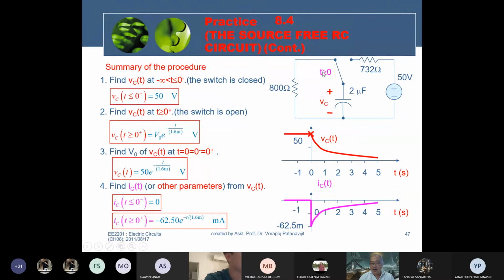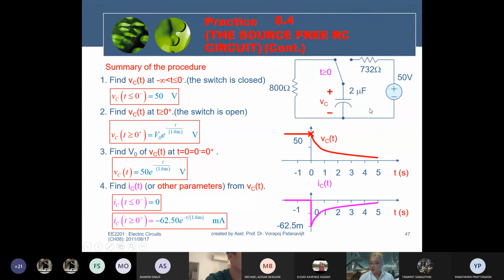Why does it decay? Because in the circuit after the switch is pressed, there is no more energy source in here. There is only electric field energy in the capacitor. When the capacitor maintains the voltage at its value, it generates current in here and it is lost in the resistor. As time is running, the voltage level that it tries to maintain will gradually drop.